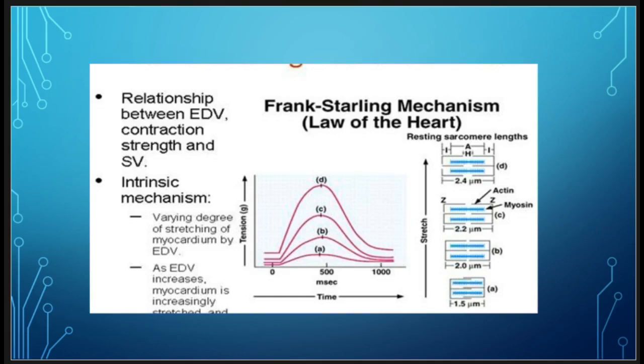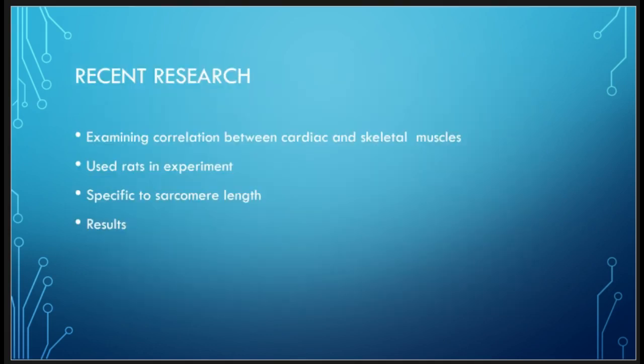So now let's look at some recent research that has been done, looking at the conjunction between both cardiac and skeletal muscles, as they also have that banded appearance and the cross bridging that's forming. There are some similarities there. These scientists looked at correlations between cardiac and skeletal muscles, and they're also contrasting them with the significant differences that they do have.